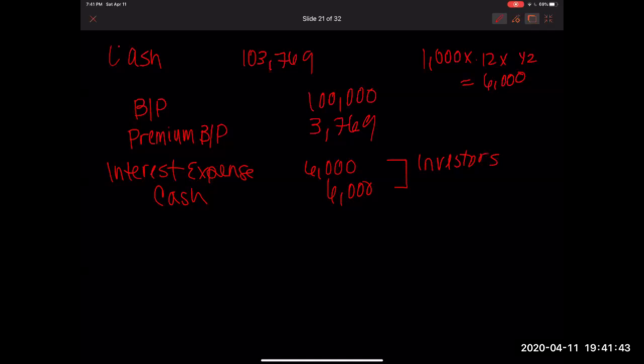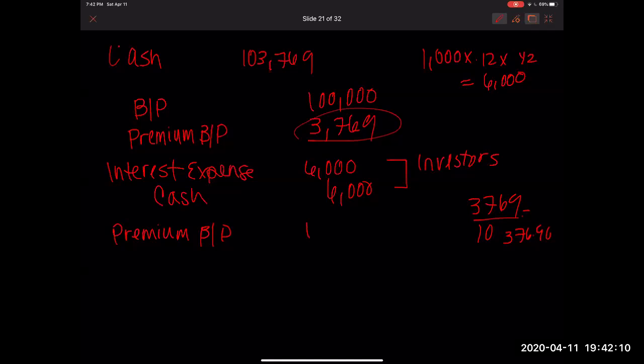All right, the other part we need to capture is this bond premium, the amortization of that. Now that one looks a little bit different. We're going to do a debit to premium on bonds payable in the amount of, I think we calculated $3,769 divided by the 10 periods equals $376.90, right? So that's going to be $376.90, and then our credit is going to be interest expense.